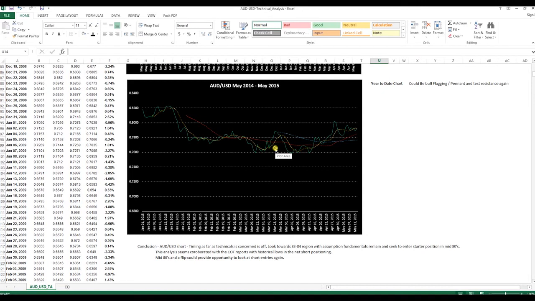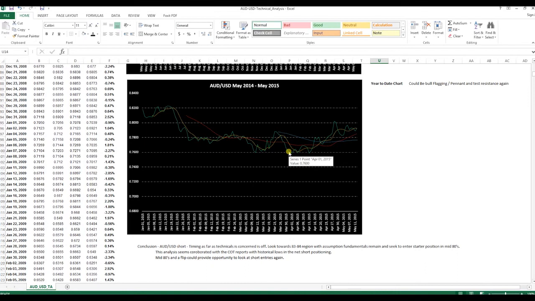Now, what you will have seen is only up to this point. So somewhere in March. And what's happened? Well, the COT reports have actually told you that you would have been right to wait. And this is why COT reports are so useful, because the net positioning was at extreme lows in terms of being net short.